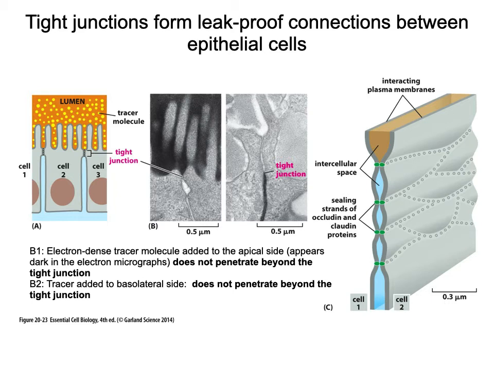that are on the other side of that epithelial sheet, it needs to go through the cell. Okay, so the tight junctions actually form this leak-proof connection between epithelial cells. We can see here in panel B, what they've done is they've put in this tracer molecule, this dye, and in the first panel, B1, they put this dye on the lumen side.